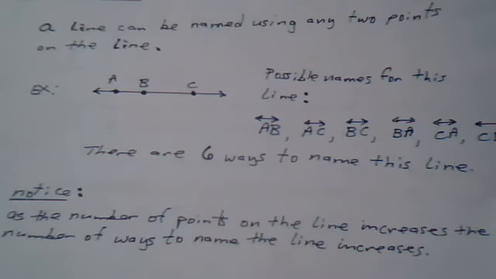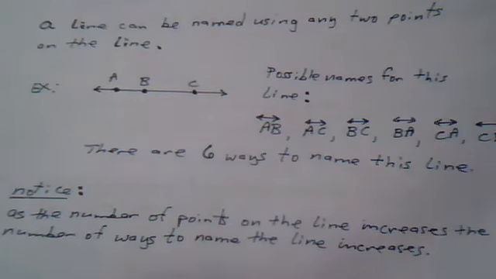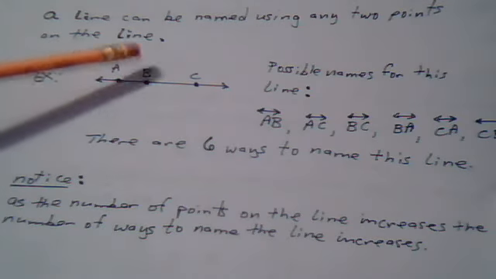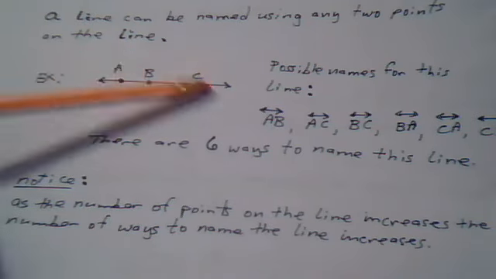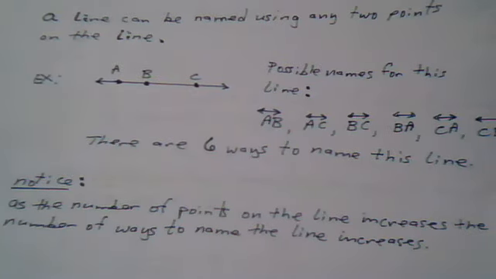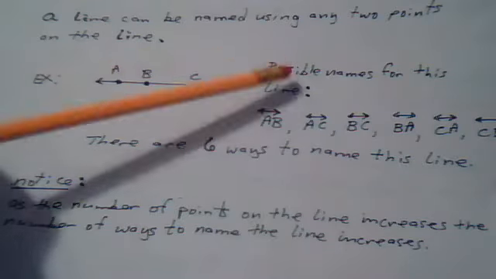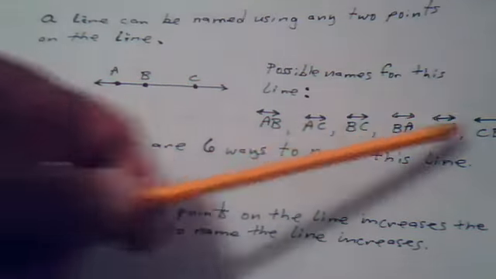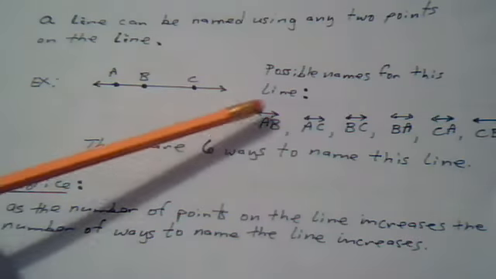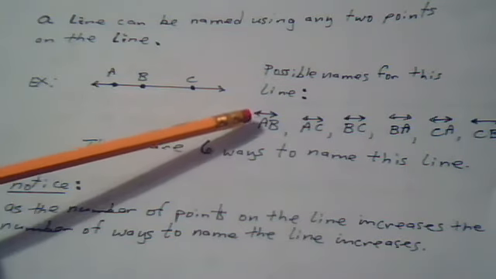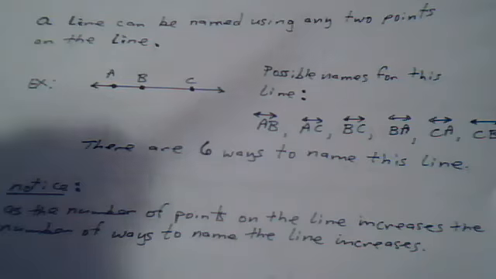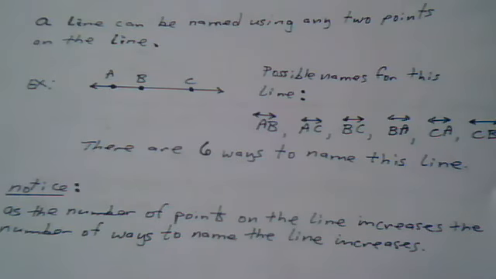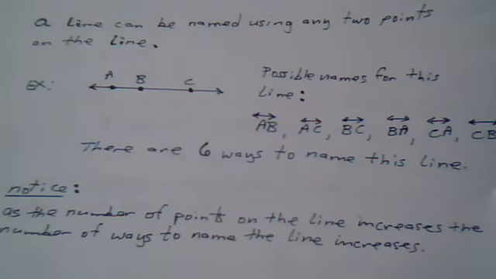A line can be named using any 2 points on the line. So I could use any 2 of the 3 points mentioned on this line. Possible names for this line are the following. We could call it line AB, or line AC, or line BC, or line BA, or line CA, or line CB.